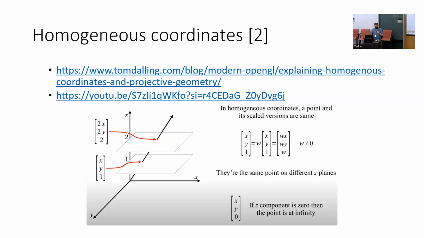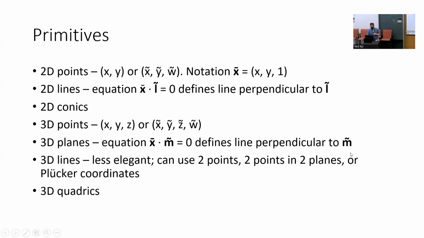In the notation, you'll see a horizontal bar over it, so x bar means you just added a 1. X squiggle means any valid coordinate in homogeneous coordinates. We can go into it if people have questions, but this is kind of super fast.